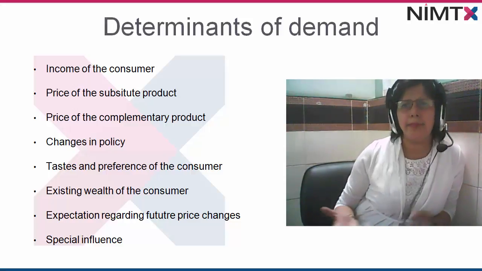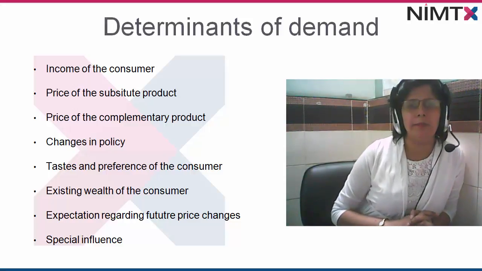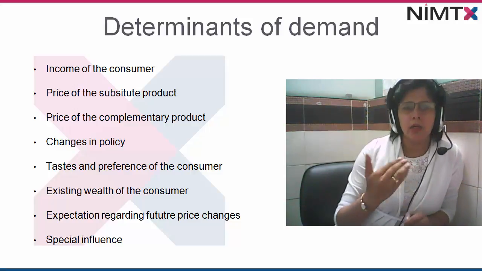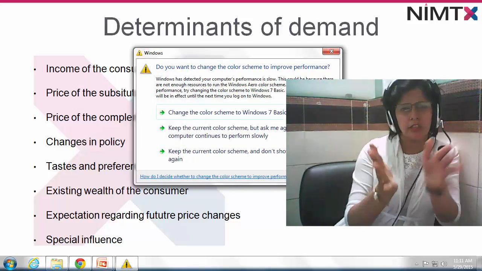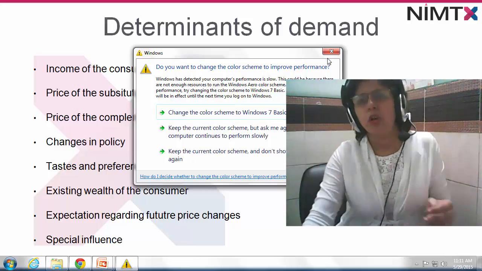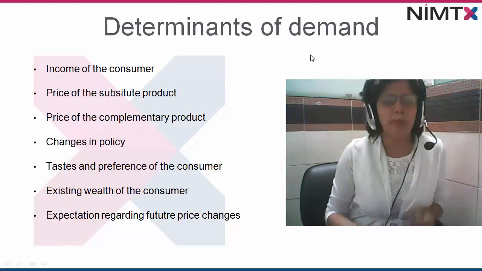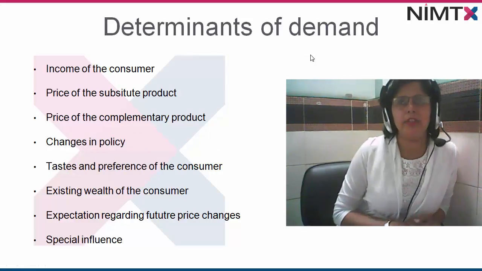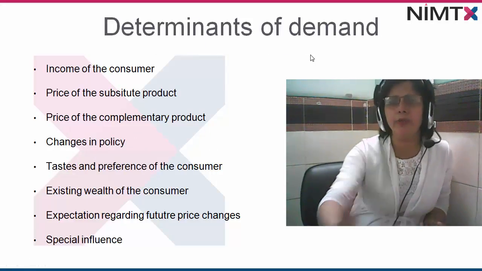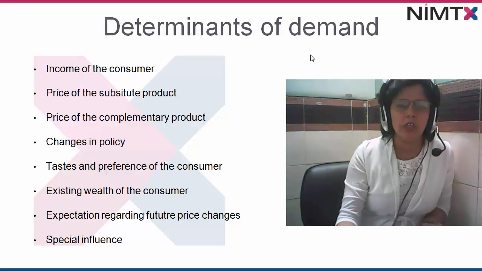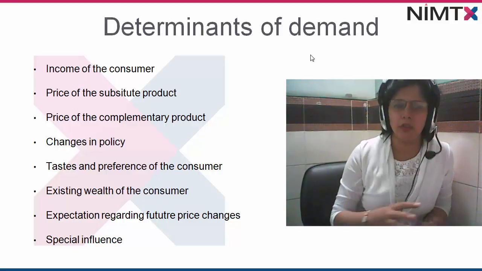These days people are using CNG and other stuff, but complementary means जिसकी एक के साथ जरूरत हो. For example, shoe and polish. If we are not able to run our car without the complementary product, we need to use petrol.